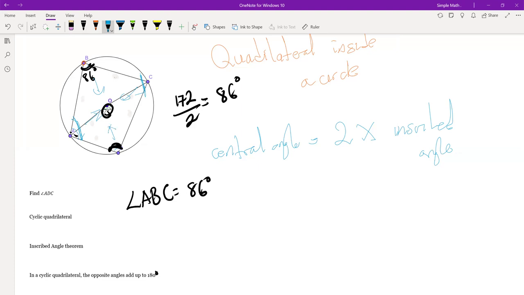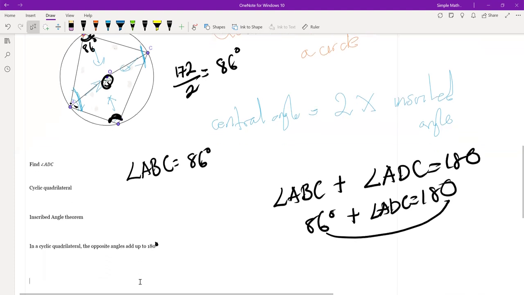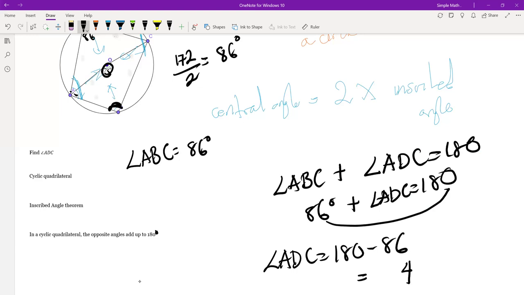So it means that angle ABC plus angle ADC should add up to 180. So 86 plus ADC adds up to 180. We move this 86 to the other side. So angle ADC is equal to 180 minus 86. What is 180 minus 86?